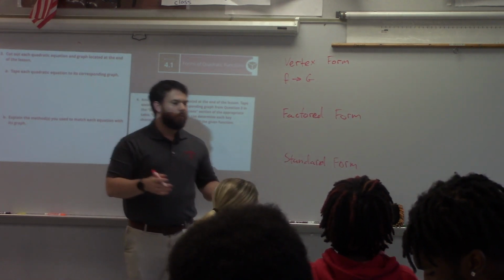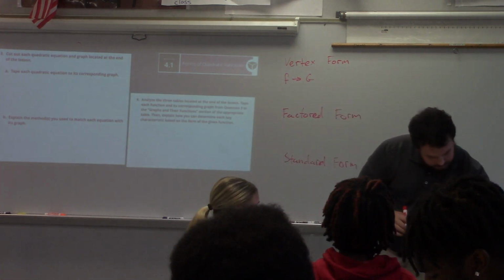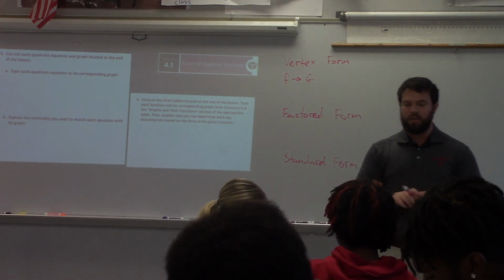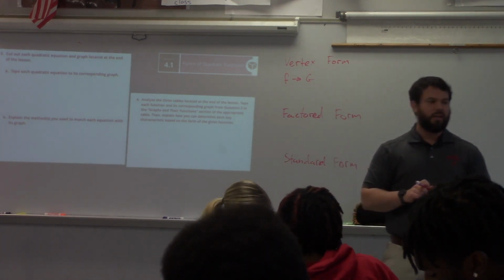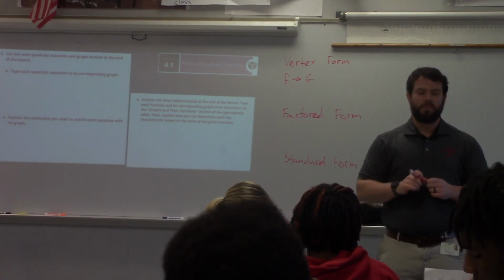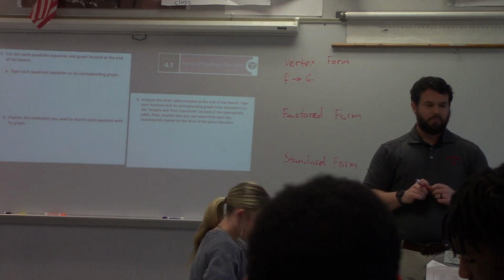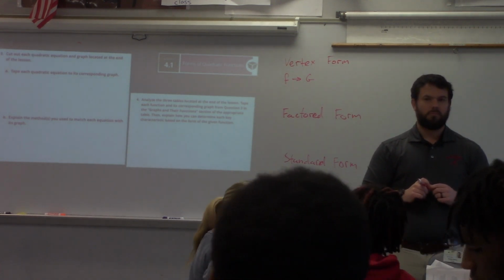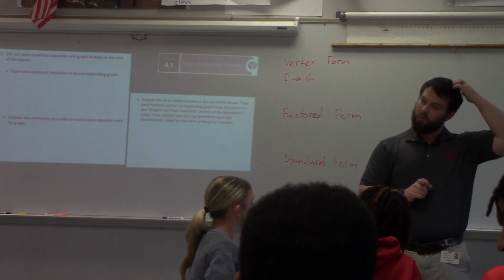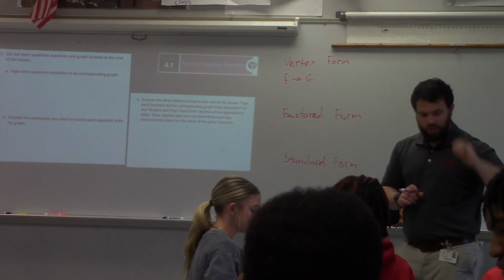What is equation F, actually? What form is equation F in? Find equation F. What form is it in? What are you thinking, Rakai? Standard form? Is it ax squared plus bx plus c?